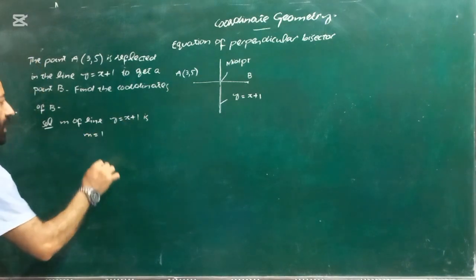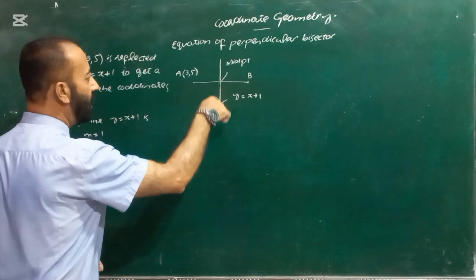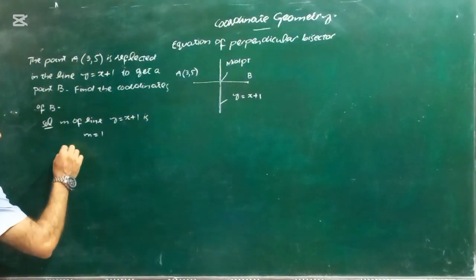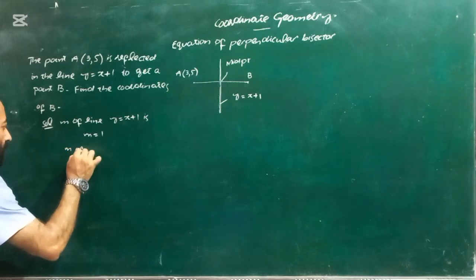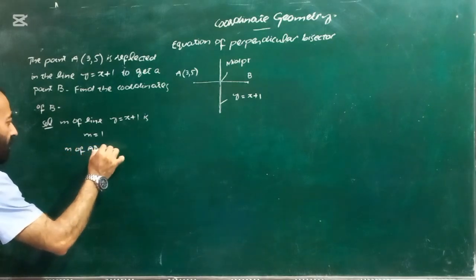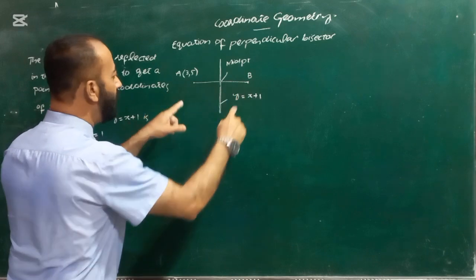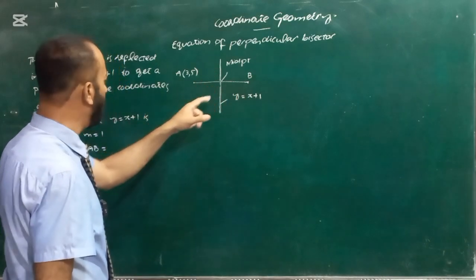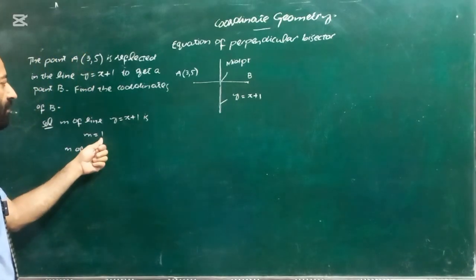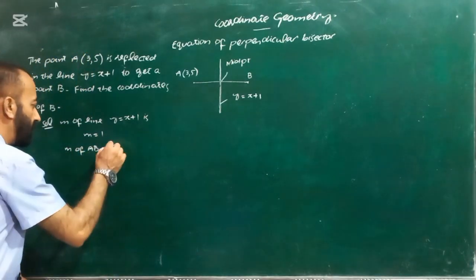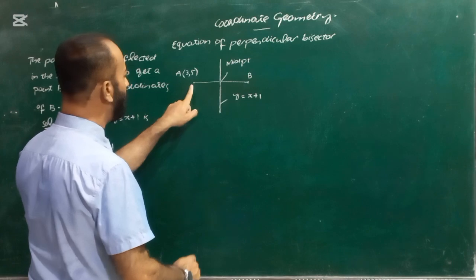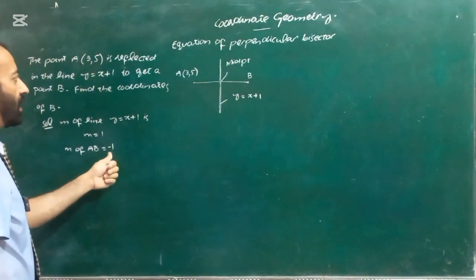So the gradient of this line is 1. Because line AB is perpendicular to it, to find the gradient of the perpendicular line we just take the negative reciprocal of this one. So the negative reciprocal will be -1. Okay. So now for AB we have one point and the gradient.